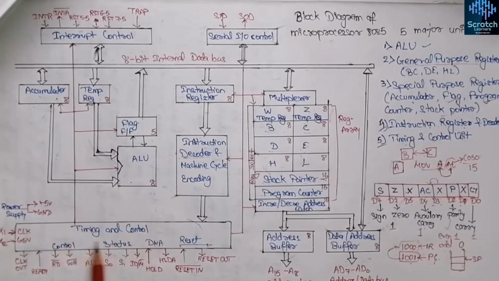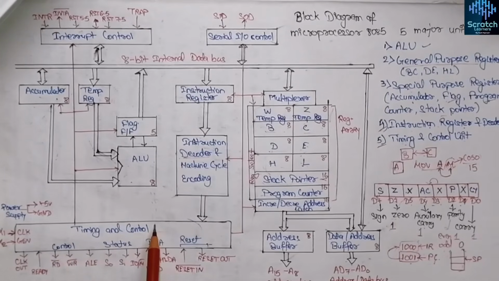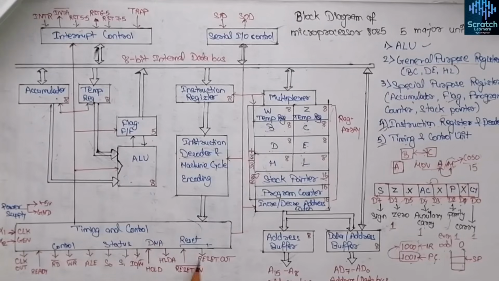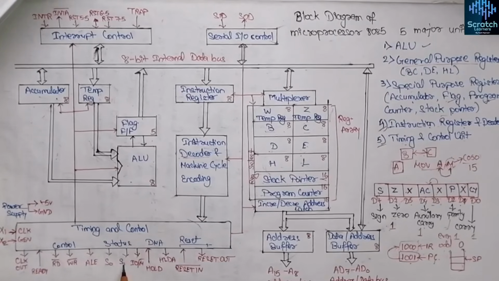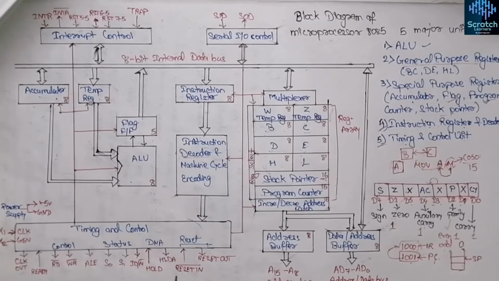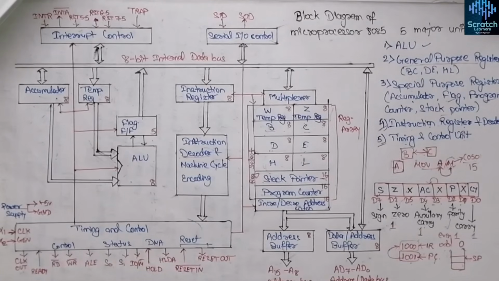This unit gets the command and issues signals. Here the signals are clock out, ready, RD bar, WR bar, ALE, S0, S1, IO/M bar, hold, HLDA, reset in bar and reset out. We will understand all these signals in the next videos.